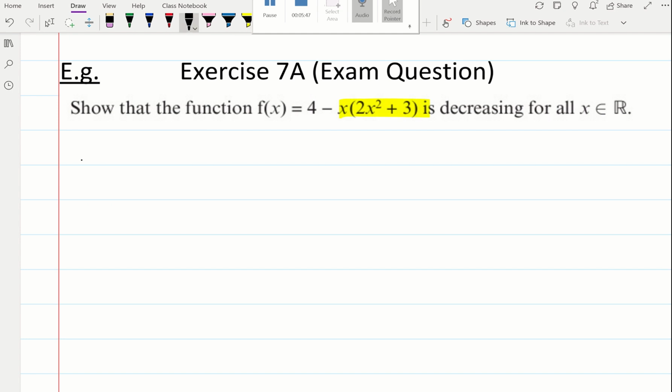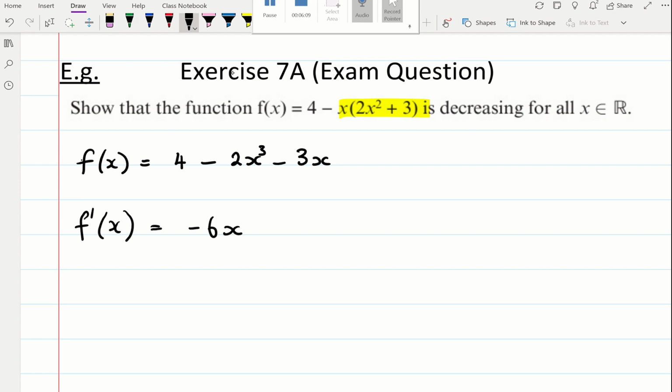That's the first step. So f of x is 4 minus 2x cubed, and then minus 3x. So when I differentiate, I get negative 6x squared minus 3.